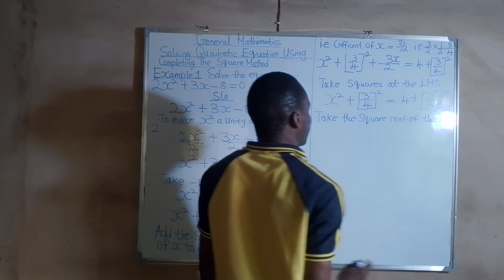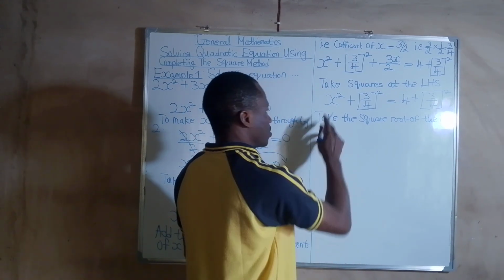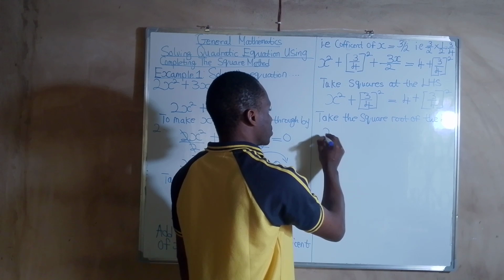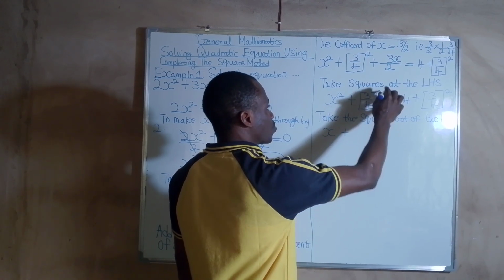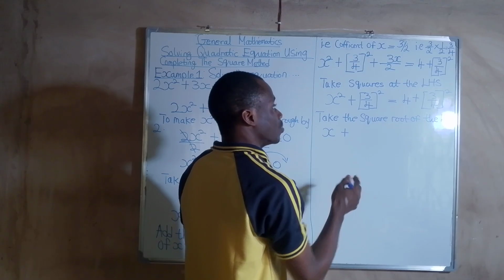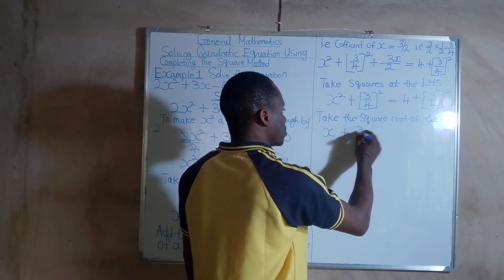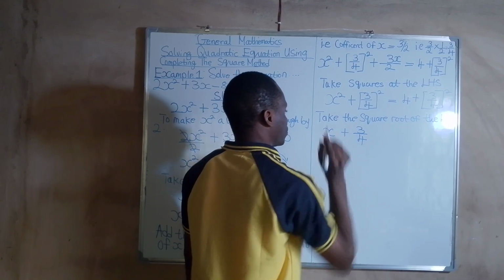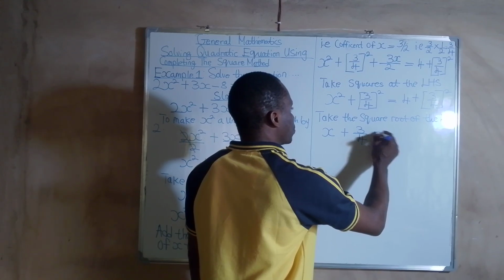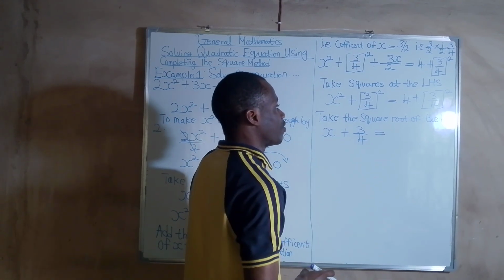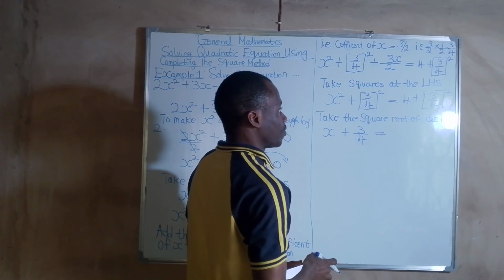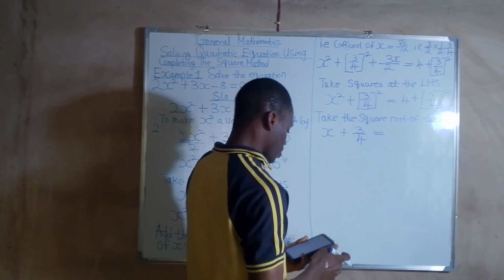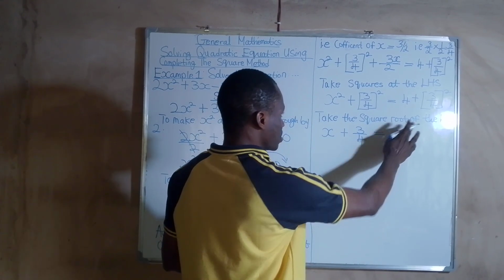Now the square root of the left hand side, the square root of x squared is what? X plus the square root of this 3 over 4 squared. I've not squared it, so the square root of it is still what? 3 over 4. Good. So it is now equal to this our 4 plus 3 squared all over 4.